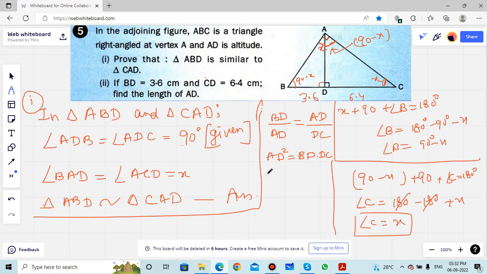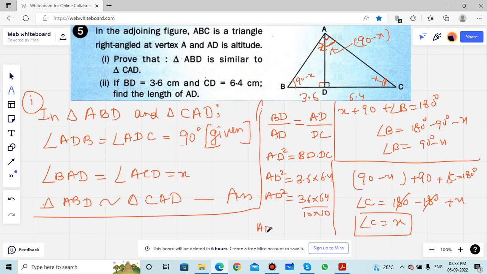AD square is equal to, what is BD? BD is 3.6 and DC is 6.4. So AD square is equal to 3.6, we can say 36 into 64, upon 10 into 10, right?